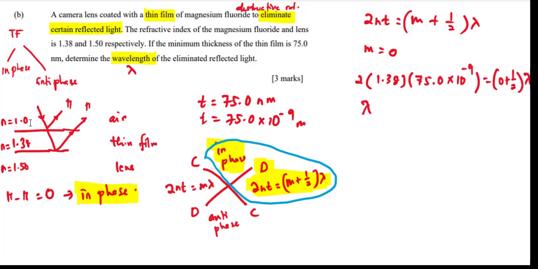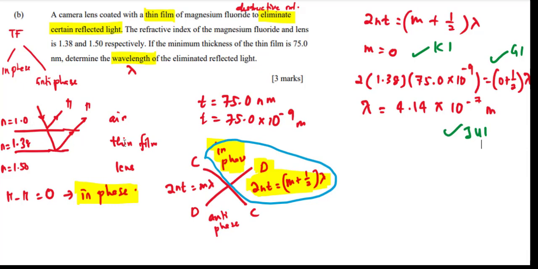So lambda would be 4.14 times 10 to the power of negative 7 meter. Where can you get the marks from here? The marks will be from K1, G1, and JU1, right? So that total mark is 3 marks.